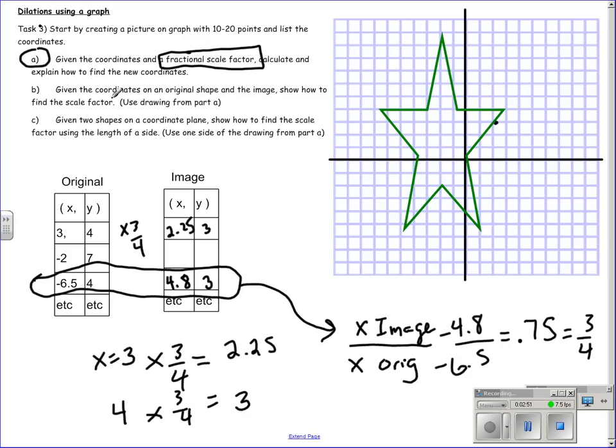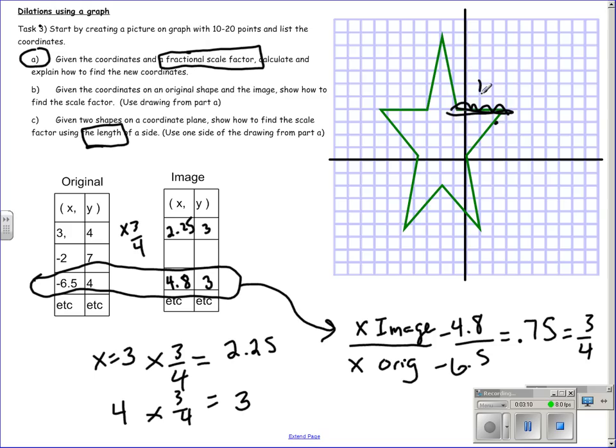Task C says, given the two shapes, I want you to show how to find the scale factor if you were given the length of one of the sides. So come up here and actually count out the length of the shape. This one would happen to be 1, 2, 3, 4.